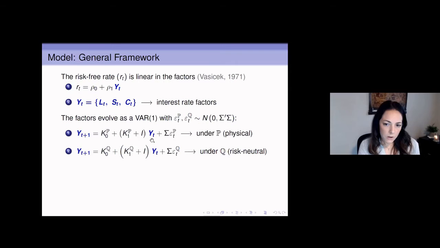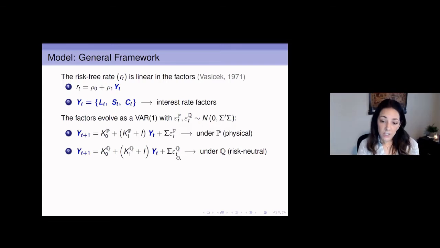So you might be wondering, why do I have two equations that are the same? The difference in these equations is the subscripts. So here we have P's and here we have Q's. Other than that, the equations are the same. And what this means is that the factors here are moving in what we call a physical or actual probability distribution. So this is an estimation of how the factors are moving without any restrictions.